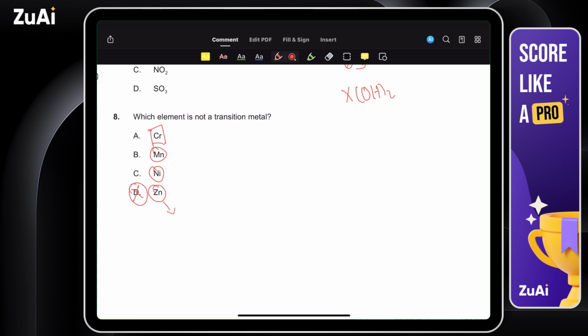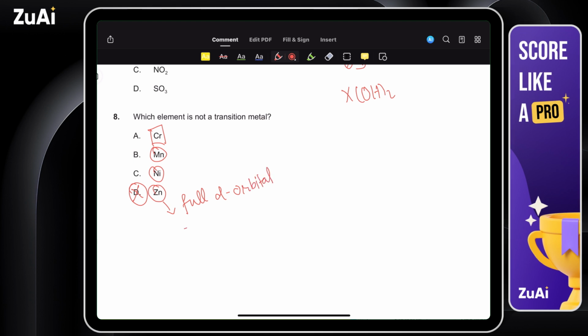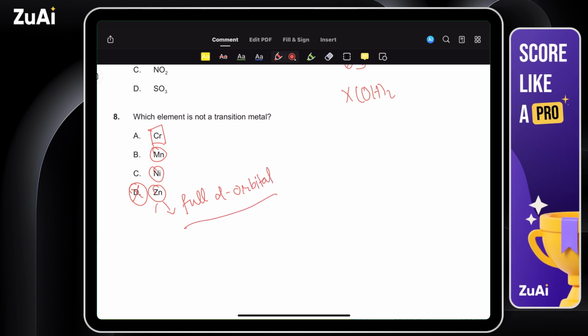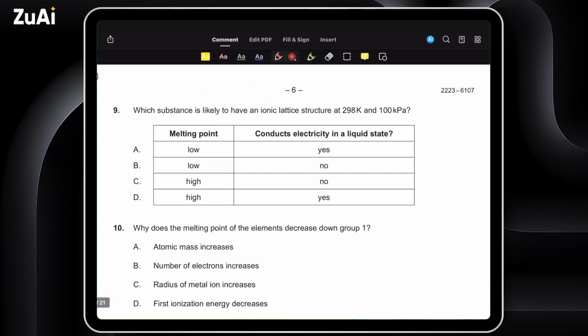Because zinc has a full d orbital. That's why it does not have the properties of a transition metal. All its salts are white in color. It does not have colored compounds unlike transition metals. So that's why this is the answer.